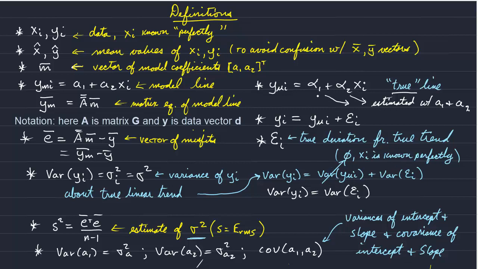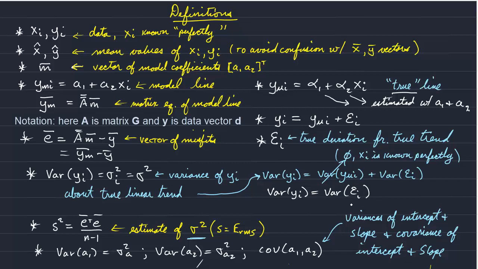There's no uncertainty in x here. So the variance at each measurement point of y is completely due to the variance in our noise. The variance of y at point i is equal to the variance of the noise at point i.